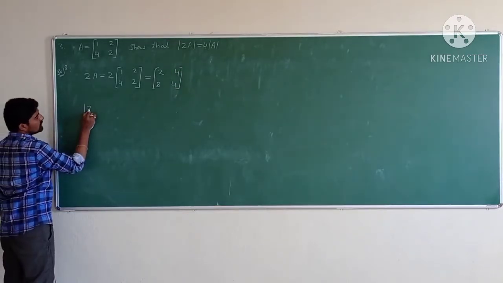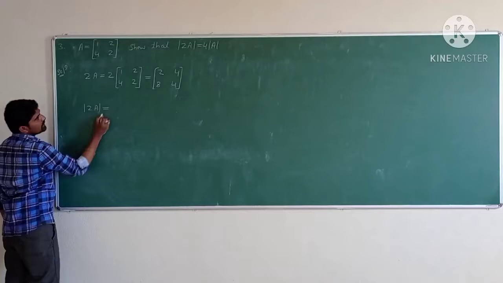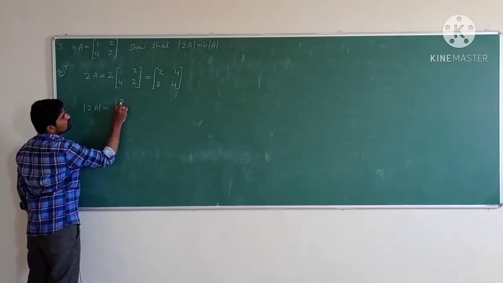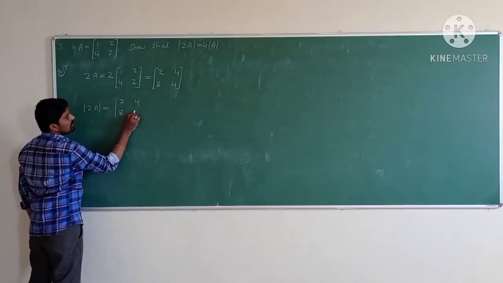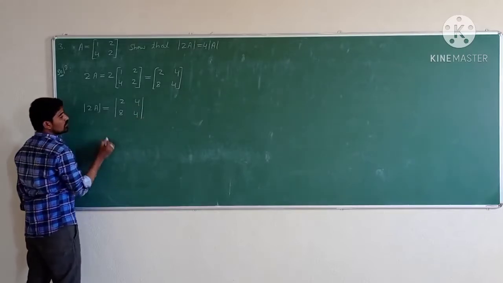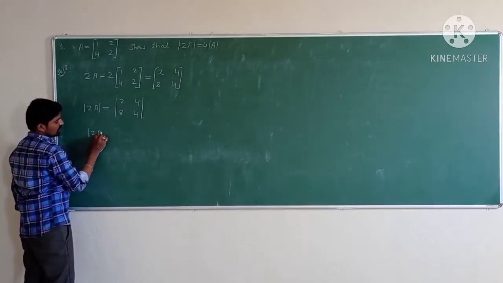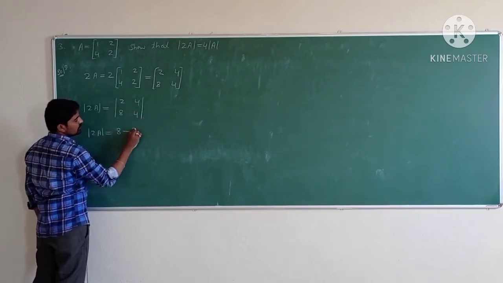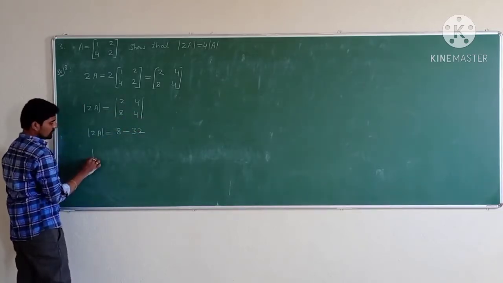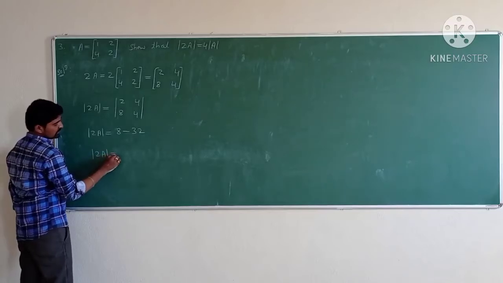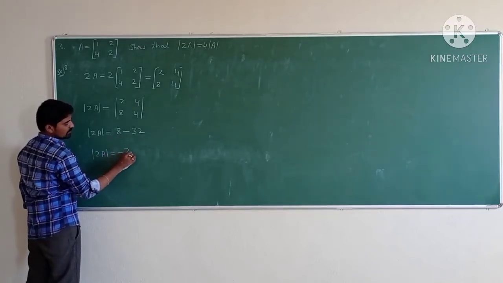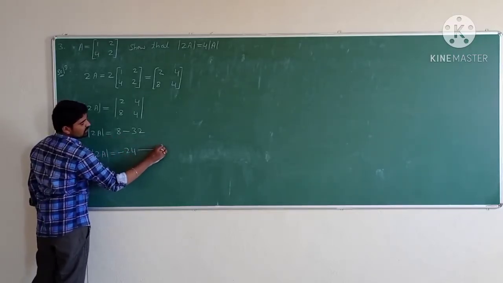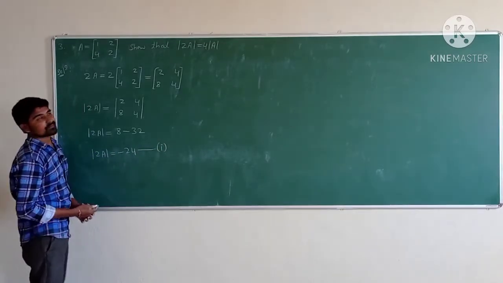Now the determinant of 2A is the determinant of 2, 4, 8, 4. So the determinant of 2A is 2 into 4, 8, minus 8 into 4, 32. Therefore the determinant of 2A is 8 minus 32, which is minus 24. Call it equation number 1.